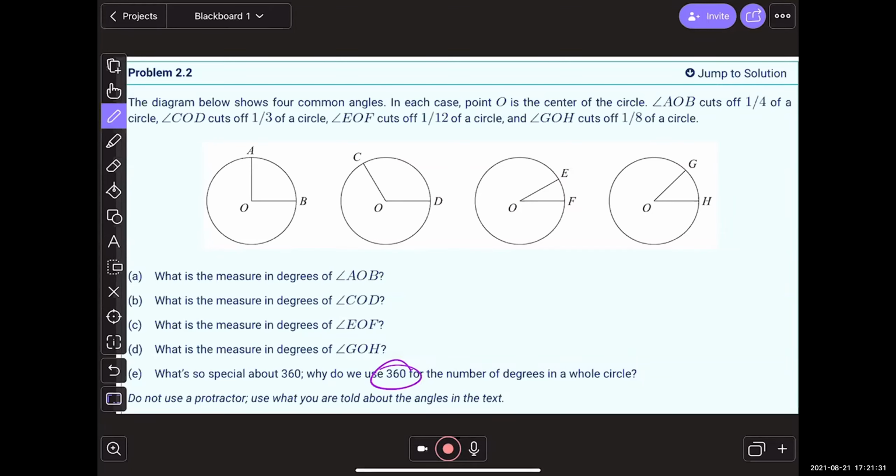But there are just so many of the first numbers that are evenly divisible if you use 360, right? That's the reason why we use 360. That's really it. No other reason at all. But all right. Okay. Moving on.